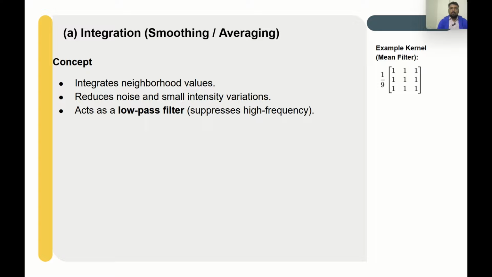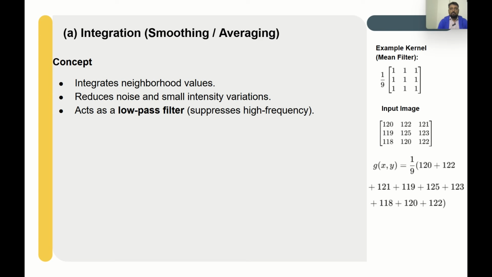For example, we have our kernel, a mean filter. Let's apply this filter. The first one is your kernel, and the second is your input image. When we apply these two, you can see that 1 is multiplied with 120, 1 with 122, 1 with 121, 1 with 119, 1 with 125, and since 1 by 9 is there, that will also be applied.